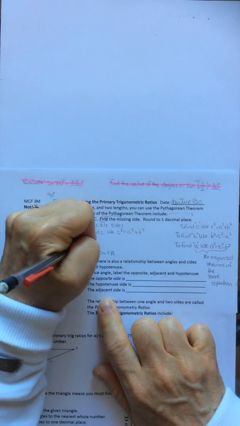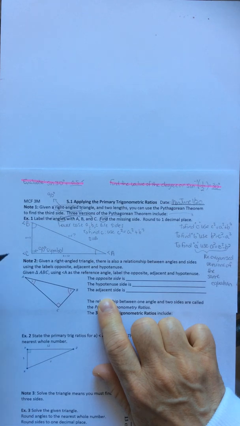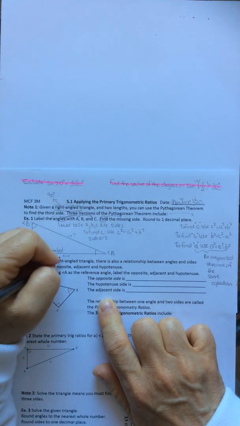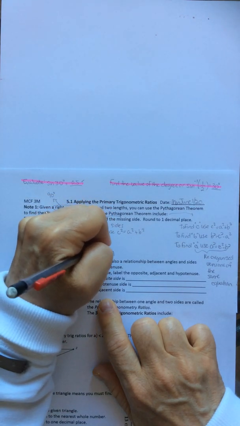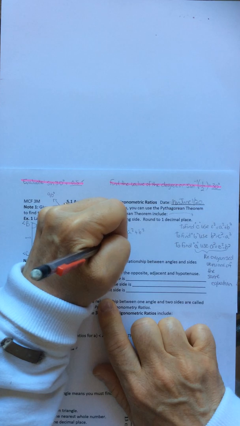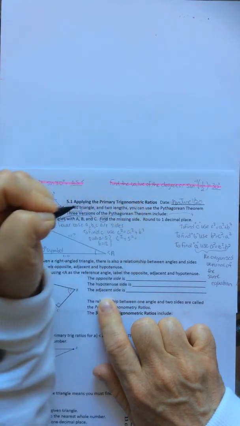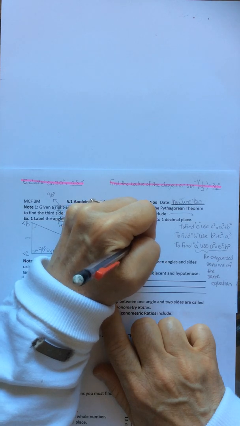We're going to sub in the values of A, which is 5, and B, which is 12. C squared equals A squared, which is 5 squared, plus B, which is 12 squared.